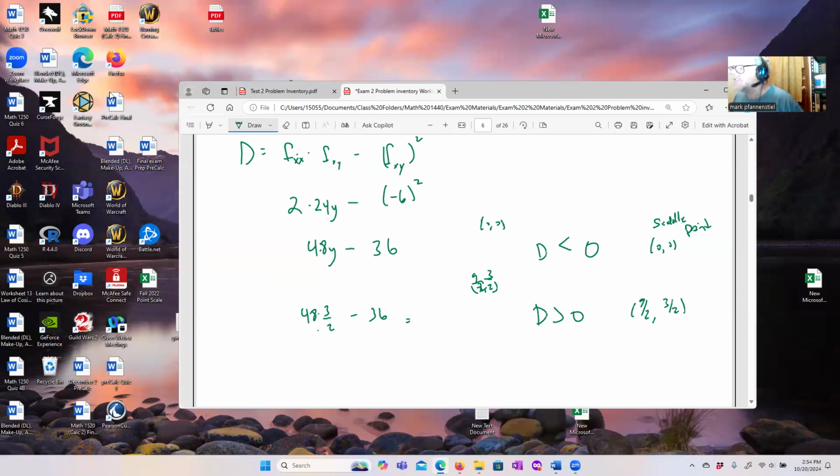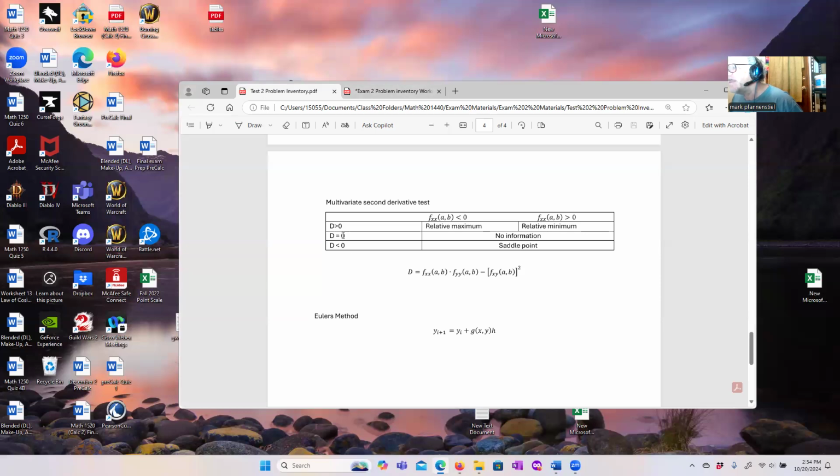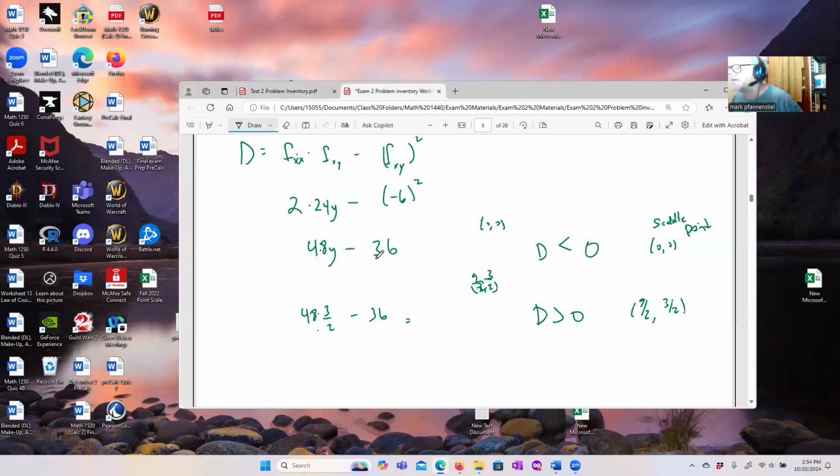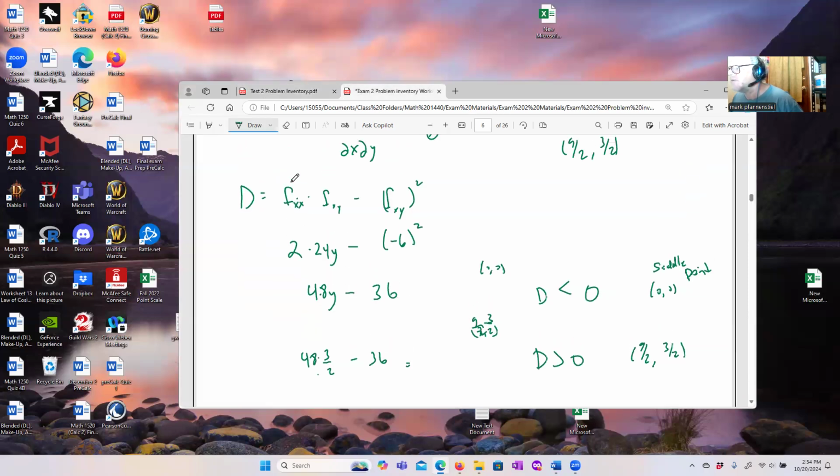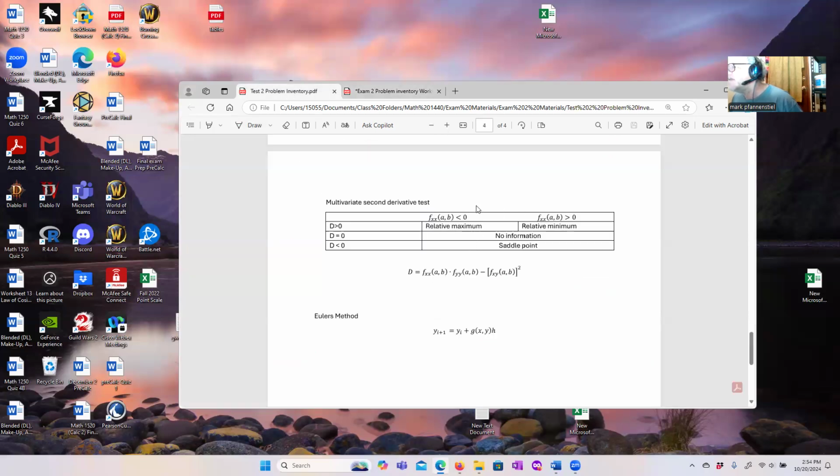When D is greater than 0, we have either a relative min or a relative max, depending on what fxx is. We can go up here and see fxx is always 2, so that's positive. fxx is 2, which is greater than 0. D was bigger than 0 because it was 70 something minus 30 something, so that's positive. So we have a relative min.